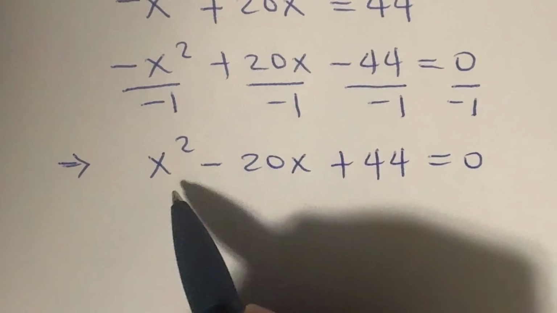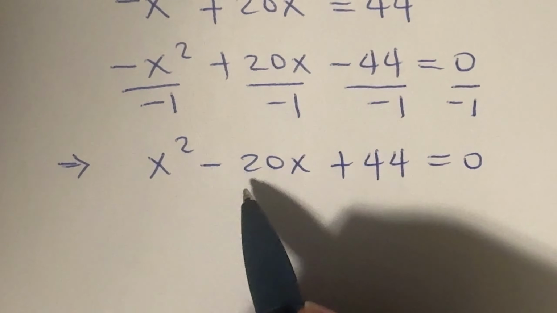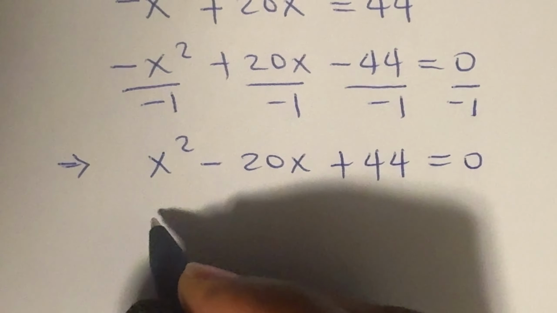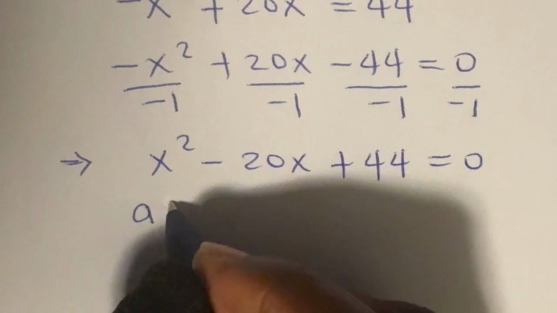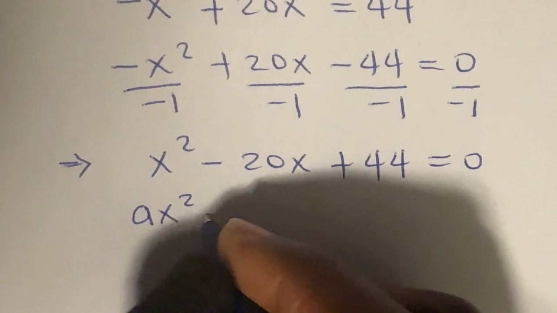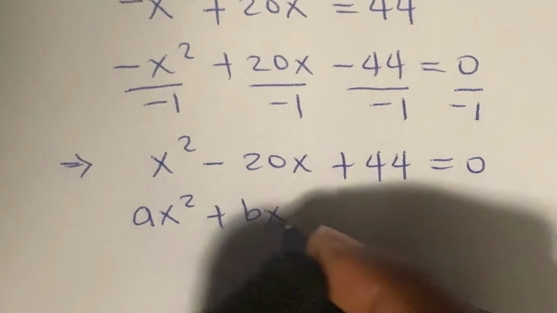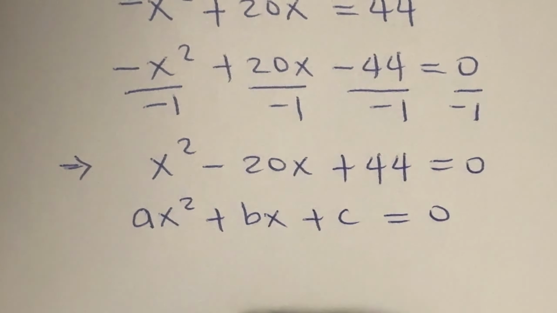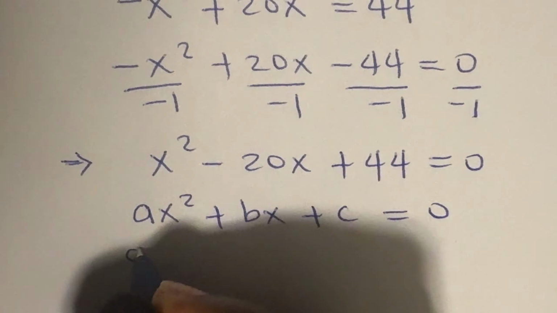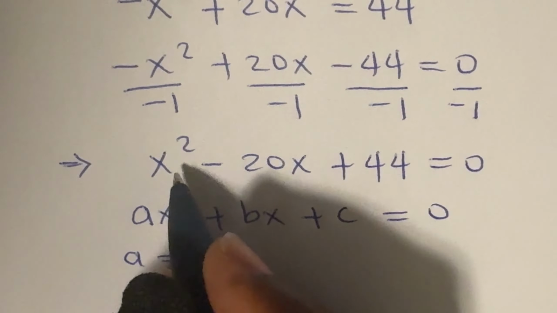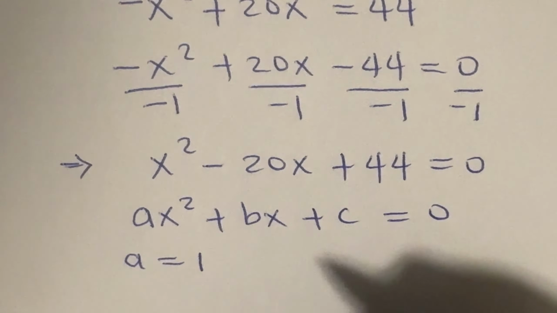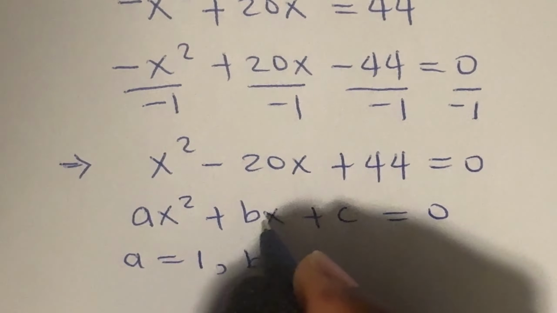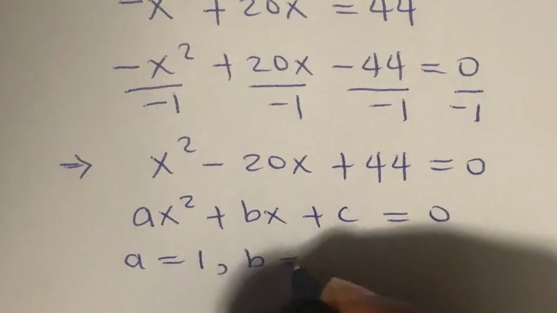Now to proceed with this quadratic equation, remember that for a general quadratic equation, ax squared plus bx plus c equals 0. In this case, a is equal to the coefficient of x squared, which is 1. The coefficient of x is negative 20.